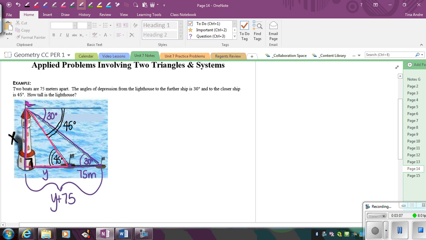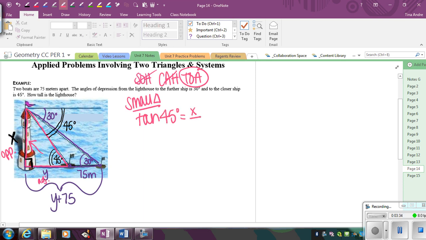So if I actually go and set up an equation, let's look at the small triangle first. If I set up an equation that represents the 45 to the x and y, this is going to be the opposite side and the adjacent side. So that means we'd be using tan if we're thinking SOHCAHTOA, because we wouldn't be using the hypotenuse. So tan of 45 degrees is equal to x over y, the opposite over the adjacent.